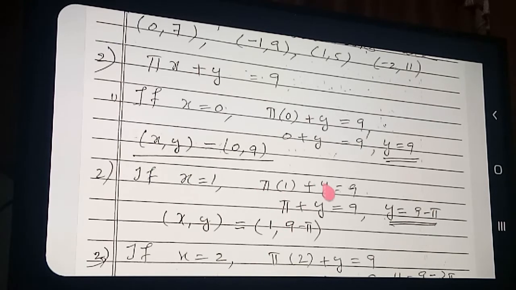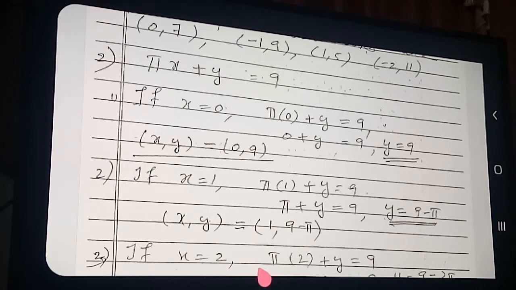Pi into 1 plus y is equal to 9. So pi plus y is equal to 9. Therefore y is equal to, pi going to this side, minus pi. 9 minus pi. Okay, so you got the second solution. The ordered pair (x, y) is how much? x is 1 and y is 9 minus pi.